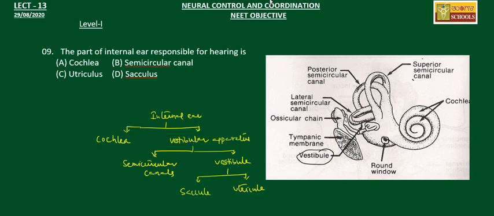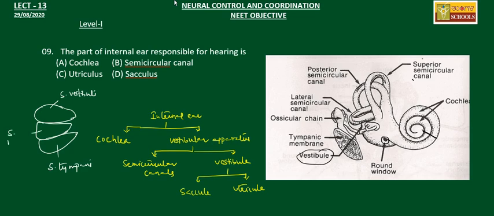And if you take a transverse section here, then we will see three channels inside it. So one will be the scala vestibuli, and then there is another one called scala media, and one more, the scala tympani. So this is scala tympani, and this is scala media.